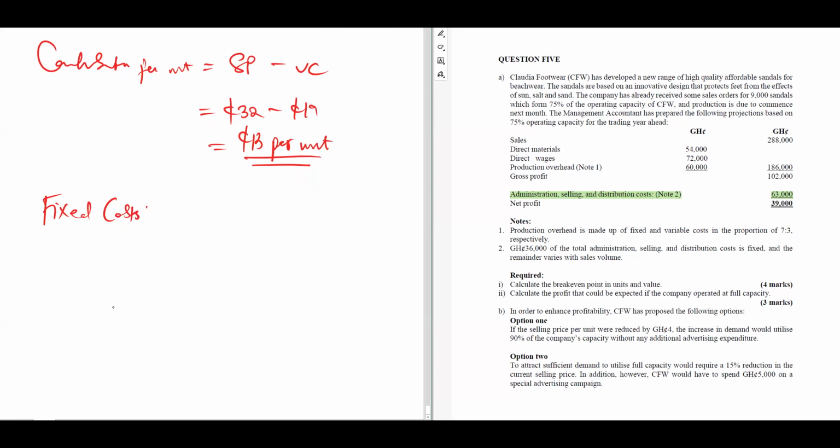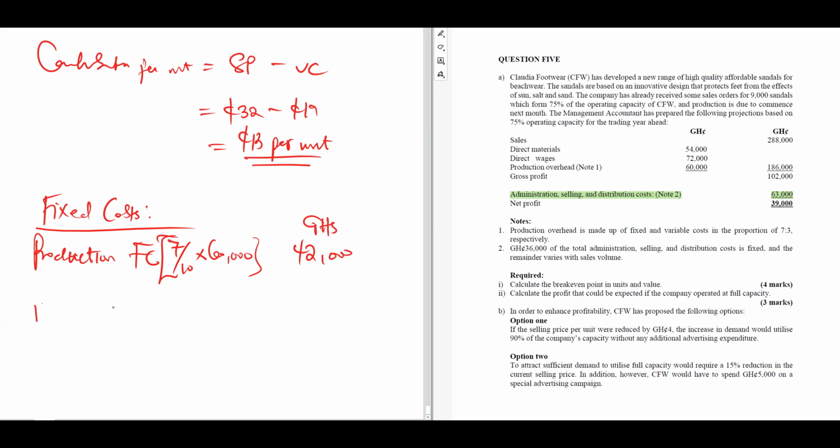And the first part of fixed costs was production fixed cost, right? We know it will be 7 out of 10 times the 60,000 which we had. You know that 70% of the production overhead was fixed cost. Do you all agree? So 7 out of 10 times the 60,000 is 42,000 as our fixed cost.